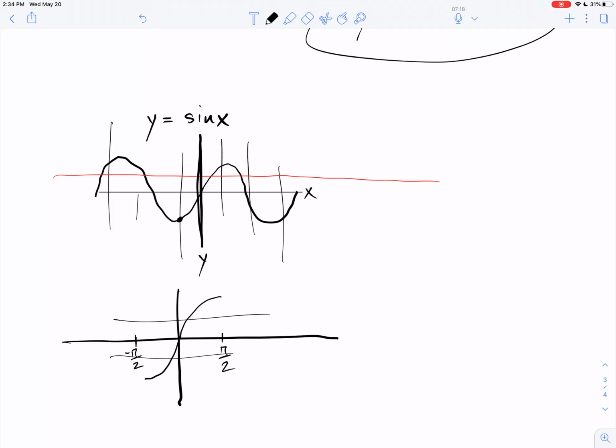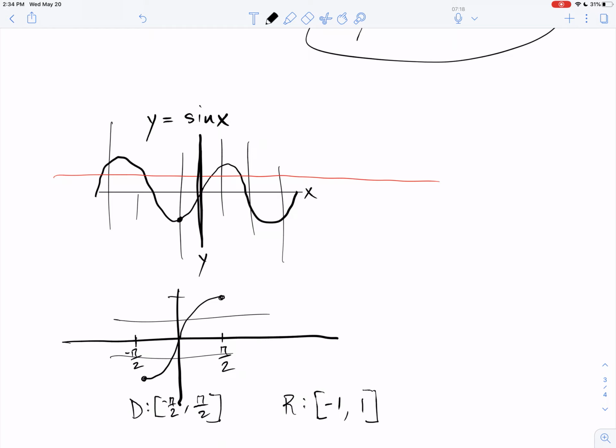If I just make that be its domain, if I restrict it and say you can only go from here to here, then the range will go as low as negative 1. It'll go as high as positive 1.